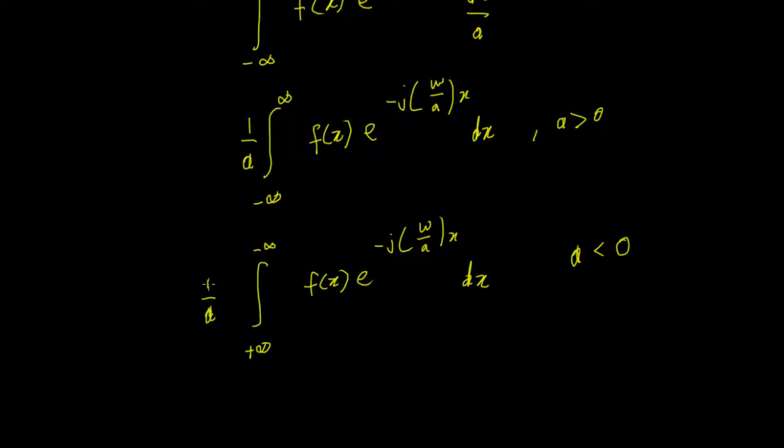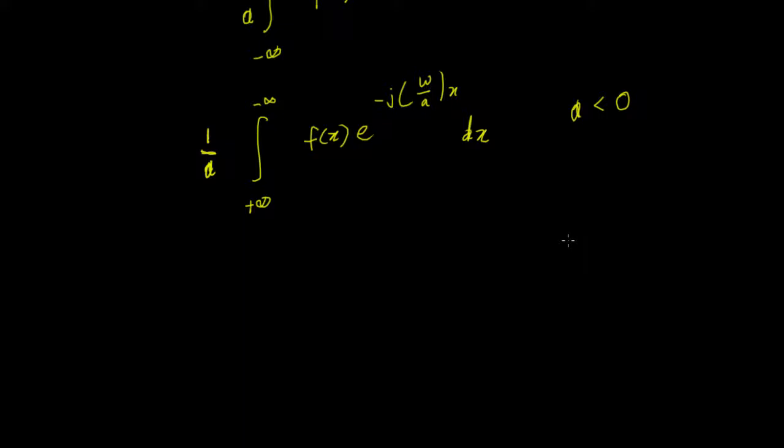Now, another thing you have to note is that whenever you swap the limits of integration, then if we had a function, let's say for example, the integral from 0 to 3 of some function f, that's equivalent to the minus of the integral of the function from 3 to 0 of f.